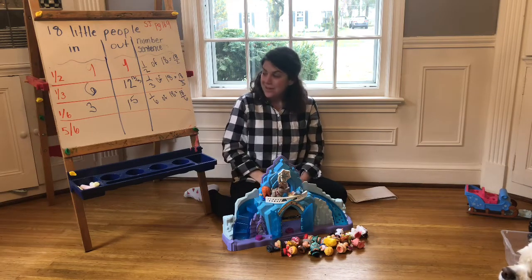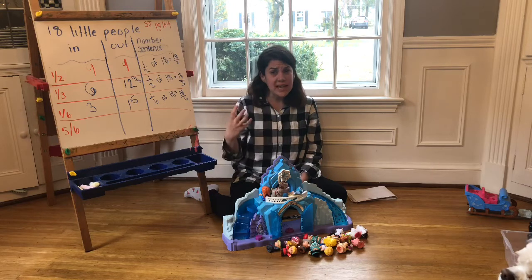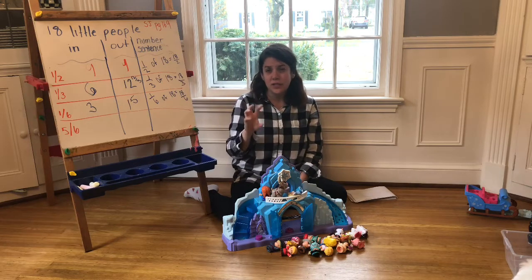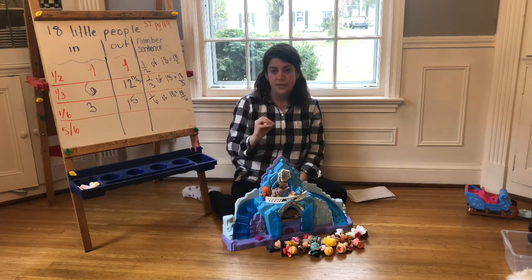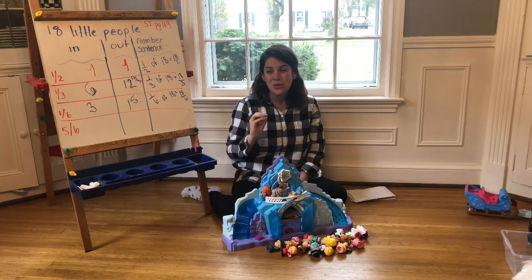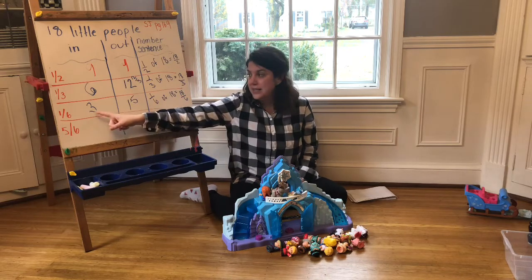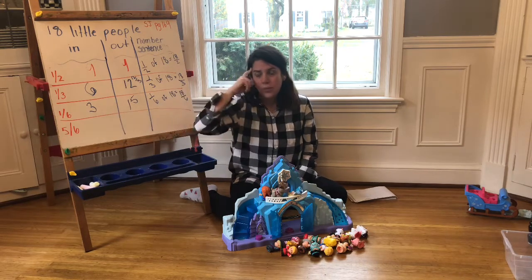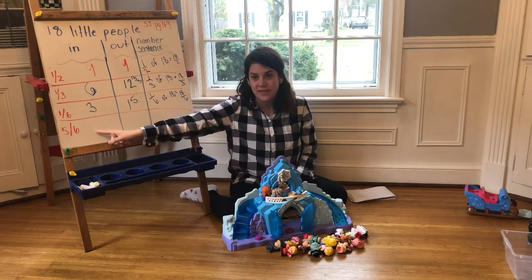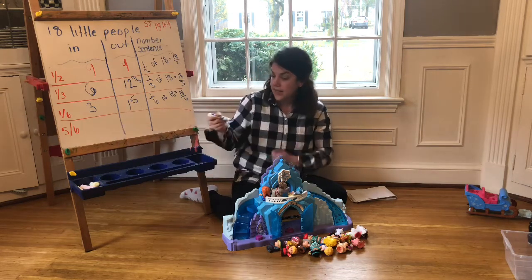Okay, so today you are going to be looking at student journal page 169, and it's going to have something that looks a little bit similar and a little bit different. But what it's going to want to know is, if I know 1/6, what would be a strategy for how I could find 5/6 of 18?